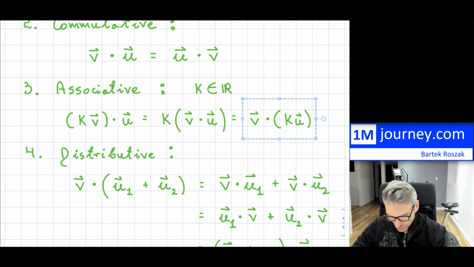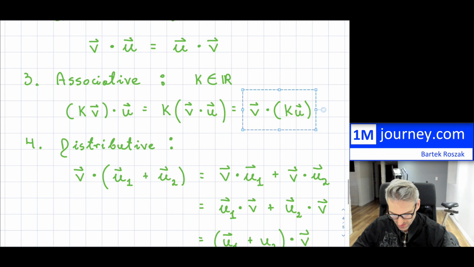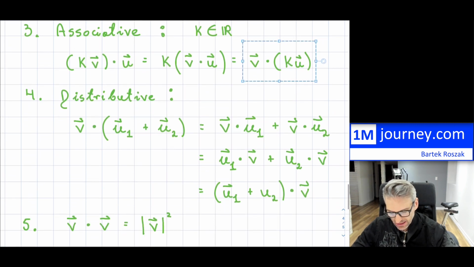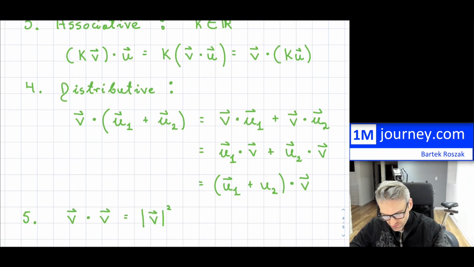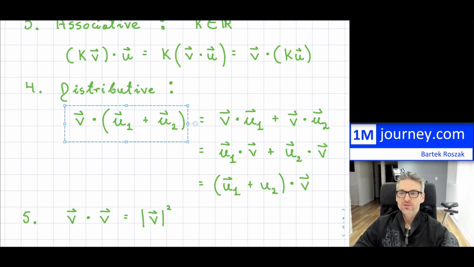Now, the fourth one, the distributive property that we have, this one is pretty neat because if you notice, here, I have three vectors. Now, I've called one of them v, and then the other two I called u, except one is u1 and the other one is u2.